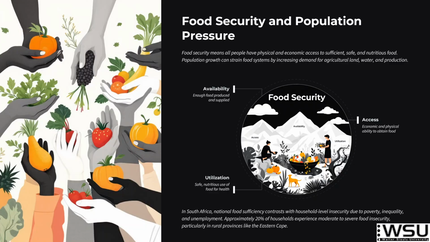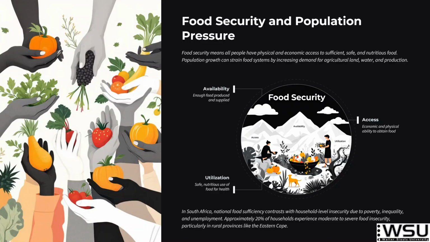Number two, utilization: safe, nutritious use of food for good health. But another thing we need to think about is access. Do all people have economic and physical ability to obtain food? That is where the question is.